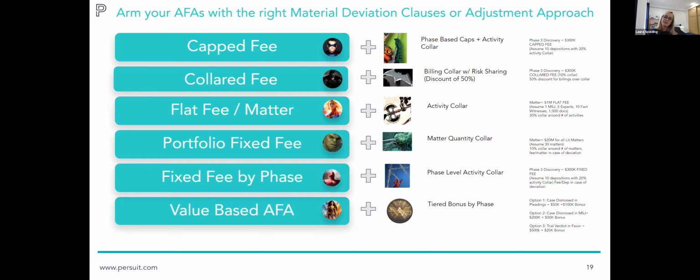Yeah, so like David said, we're pairing each of these AFAs with the appropriate tool to manage changes in scope. So the flat fee per matter can be supported by an activity collar. If there is a change in the number of activities in a phase, then the price will be adjusted accordingly.